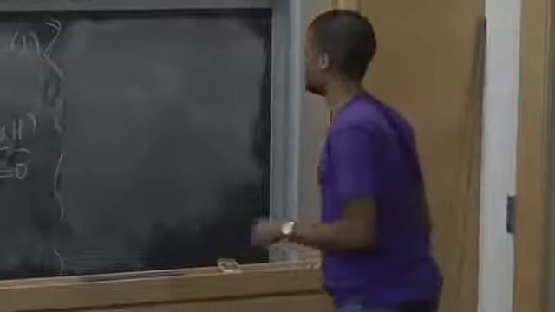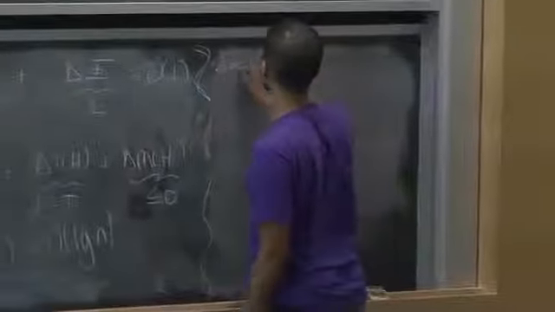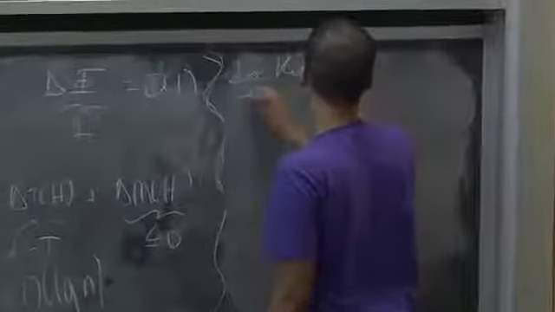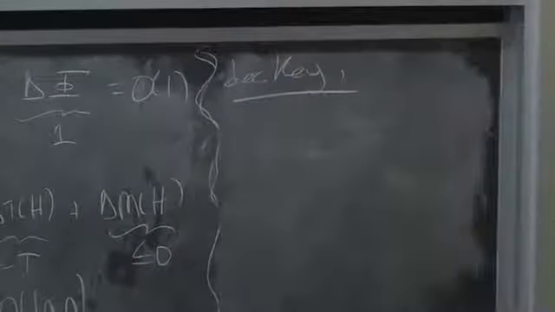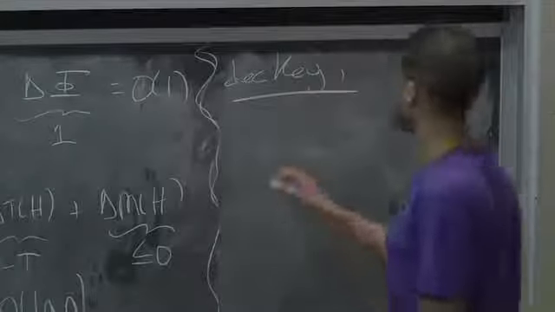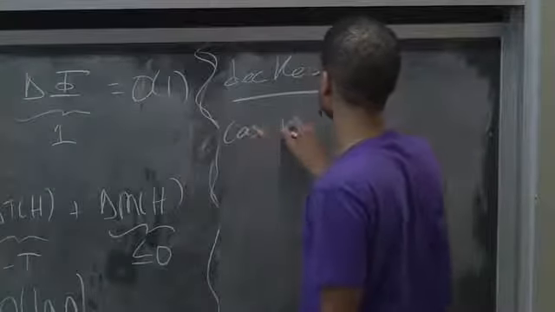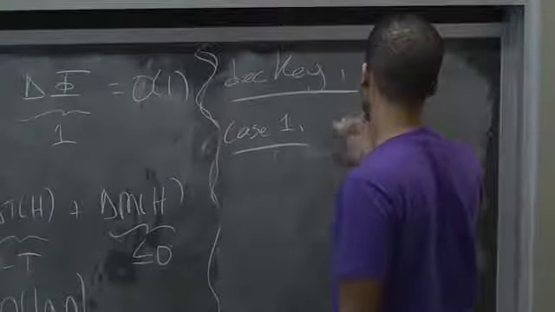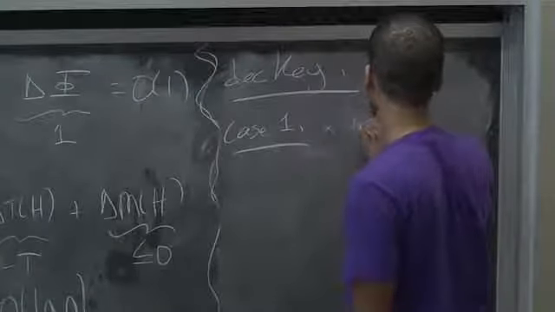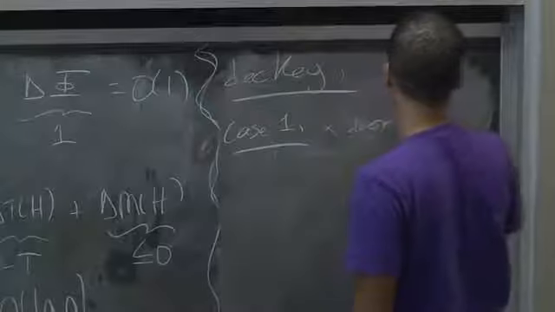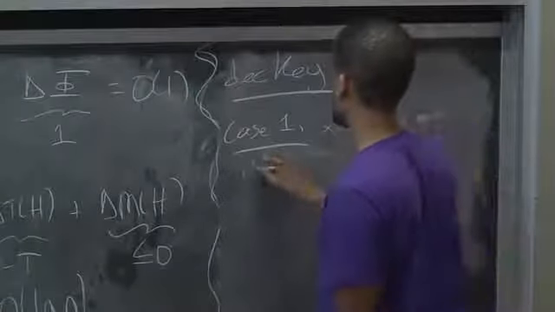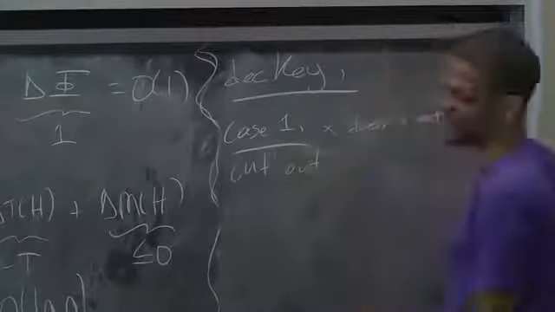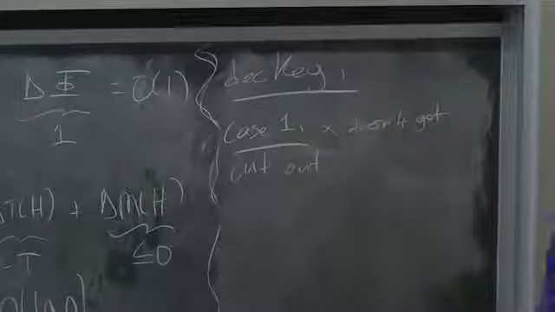And now decrease key is the last thing. So case 1, x doesn't get cut out because maybe the new key we gave it doesn't actually violate the heap order property.